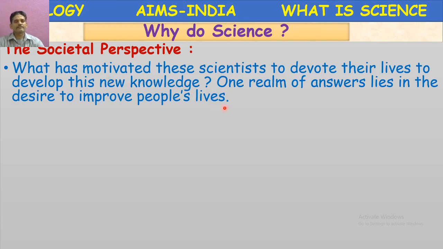The meaning is, why was that much risk taken by these scientists? Number one, to improve people's lives. They possess a lot of humanity, and for the welfare of the people, they will sacrifice their comforts.